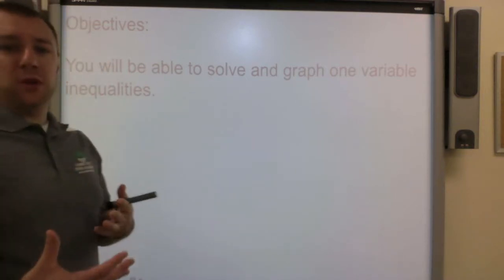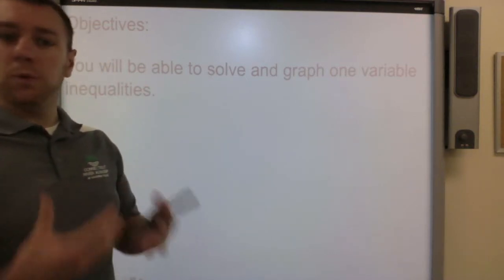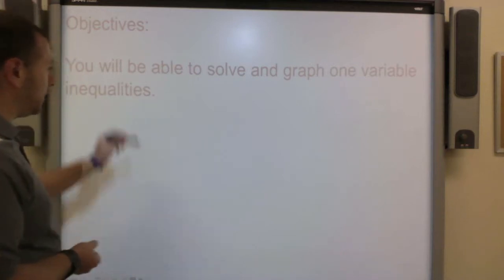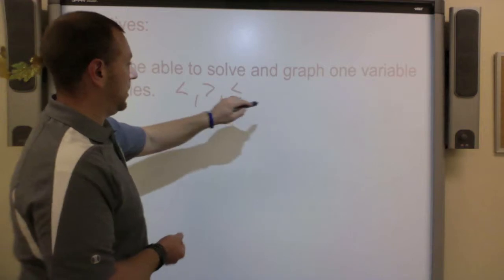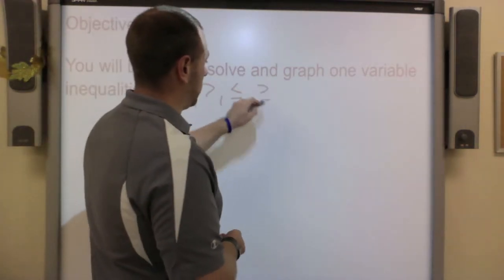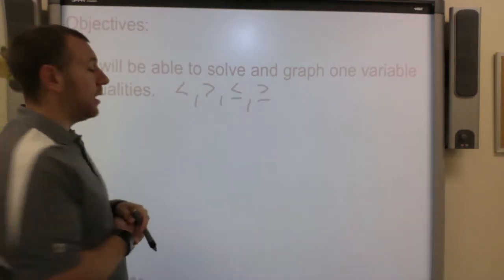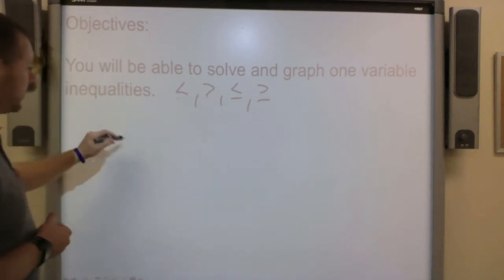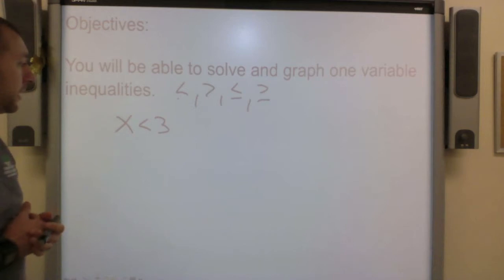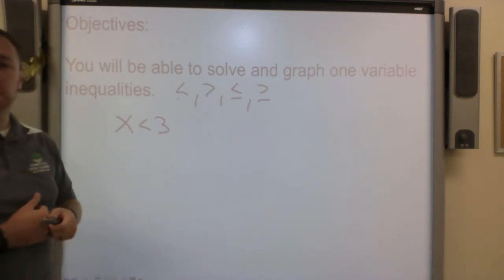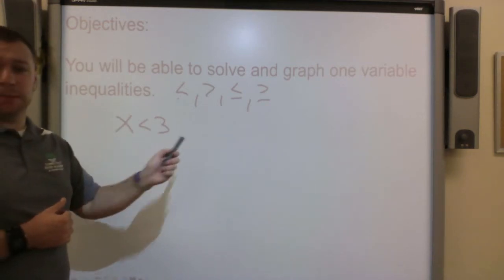So we have to review a little bit of what is an inequality. An inequality is any symbol like this, okay? And you might remember that. Now, oftentimes it's written like x is something 3. Now, remember, the x is not loving something.